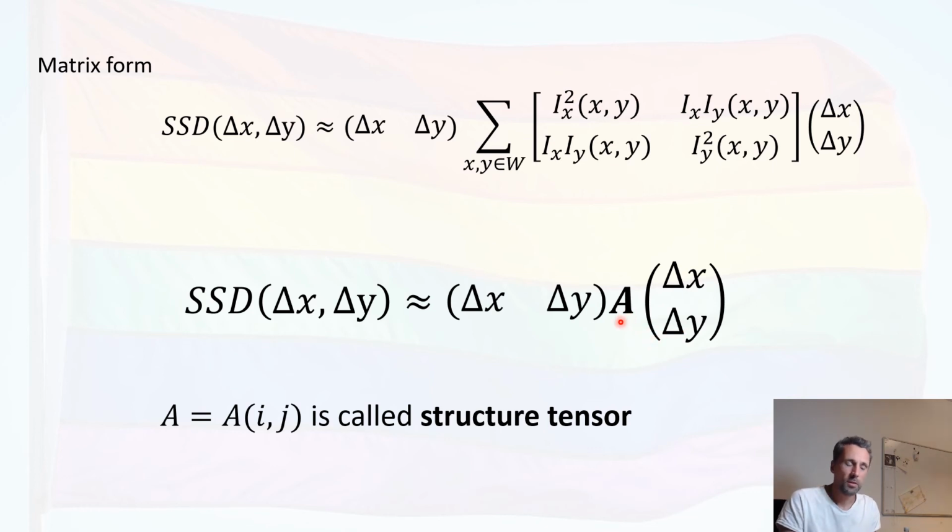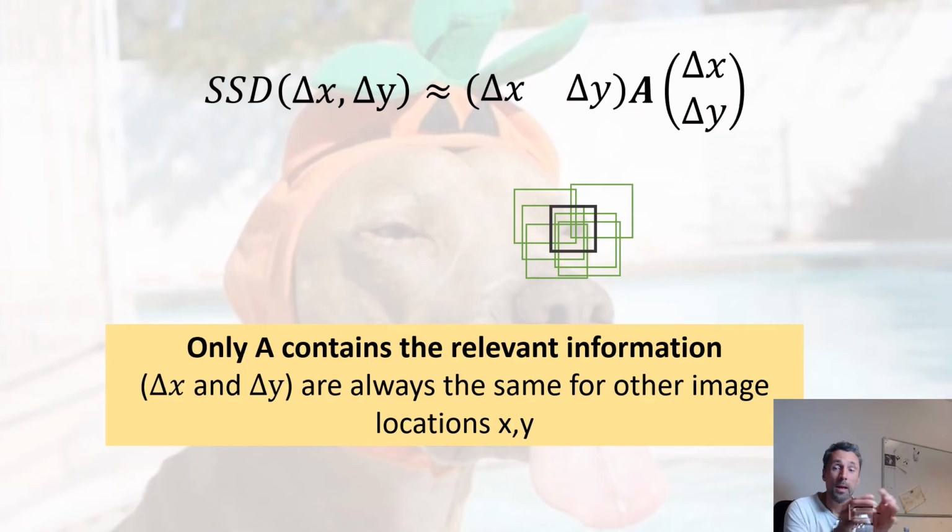Now, A is called the structure tensor, and the point of the paper is that A contains all the information that we need to identify corner points or disregard non-corner points.